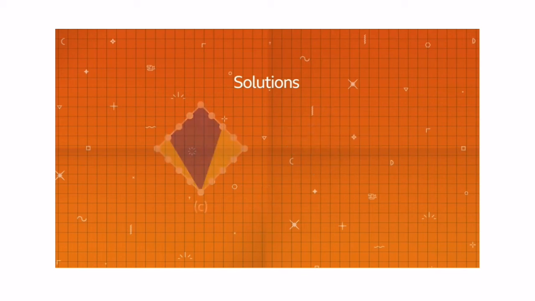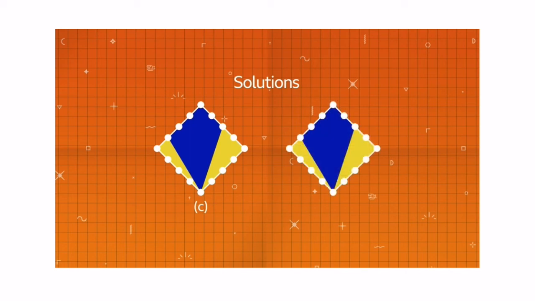And finally, square C. This one is a little trickier. But by rearranging the yellow triangles like this, we can see that the yellow triangles take up 1/8 and 1/4 of the square's area. 1/4 is the same as 2/8.